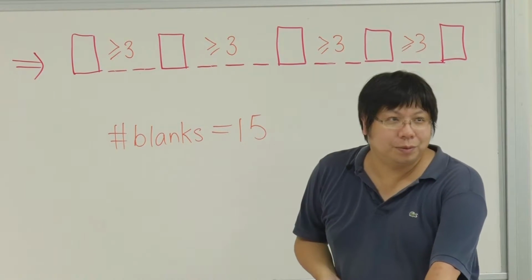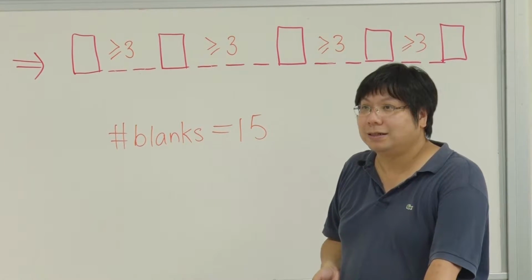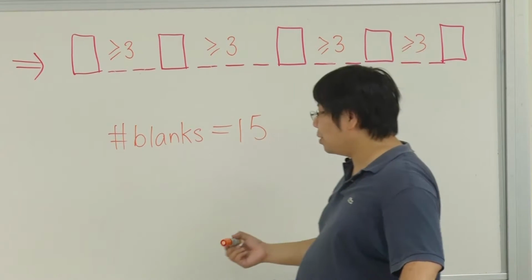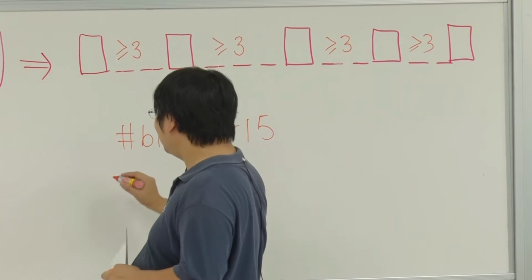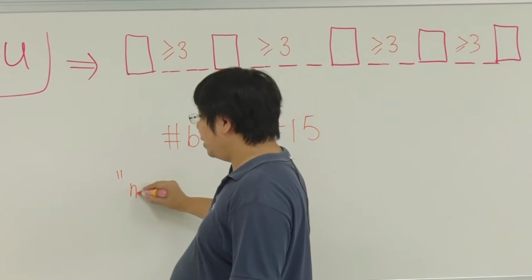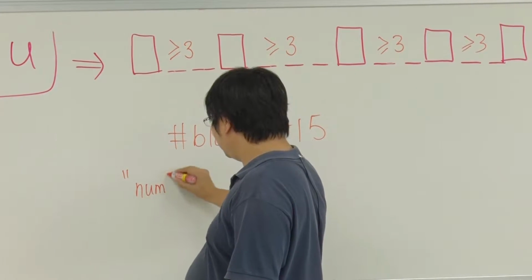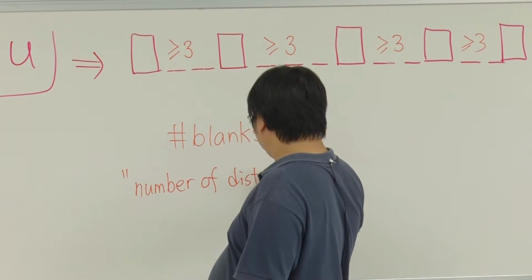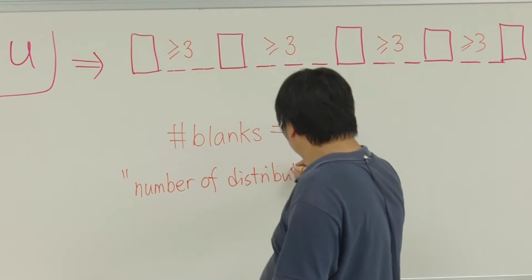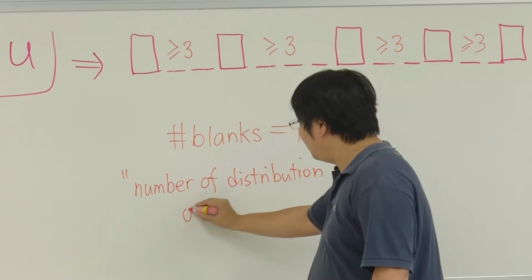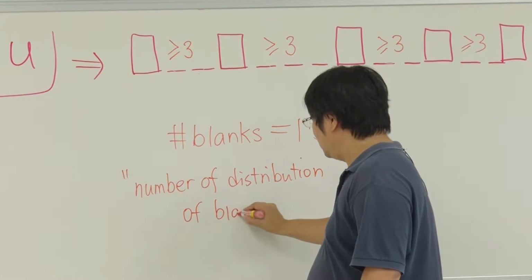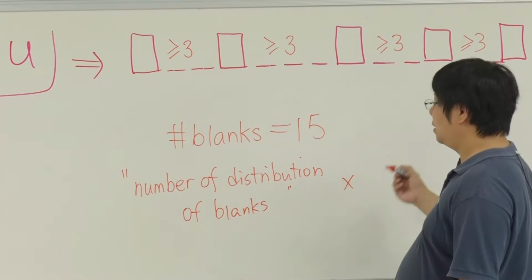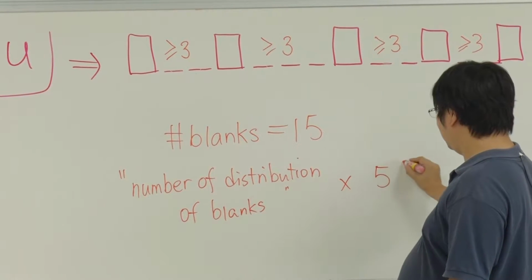So there are 5 factorial ways to fill in the letters, right? So how many ways are there? So the total number of ways, if you understand, will be the number of distributions of blanks times 5 factorial.